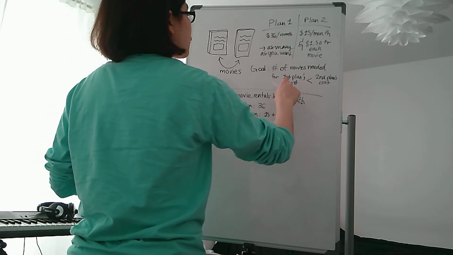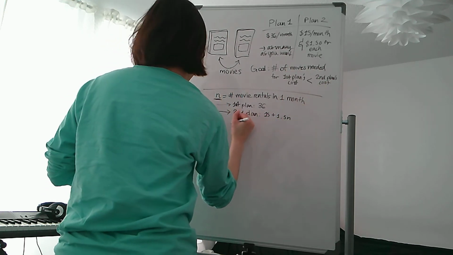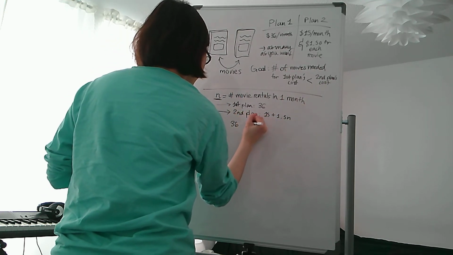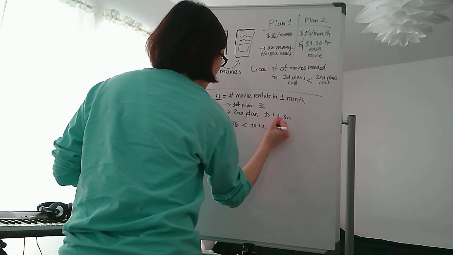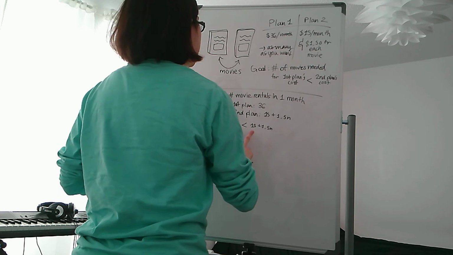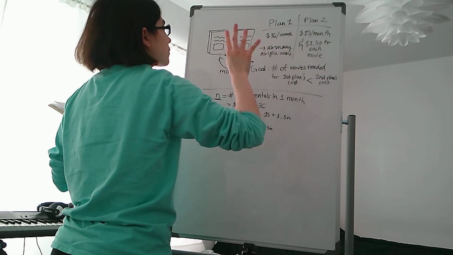We want the first plan's cost to be less than the second plan's cost, so we want 36 is less than 15 plus 1.5n. These numbers are all derived from the word problem information we are given.